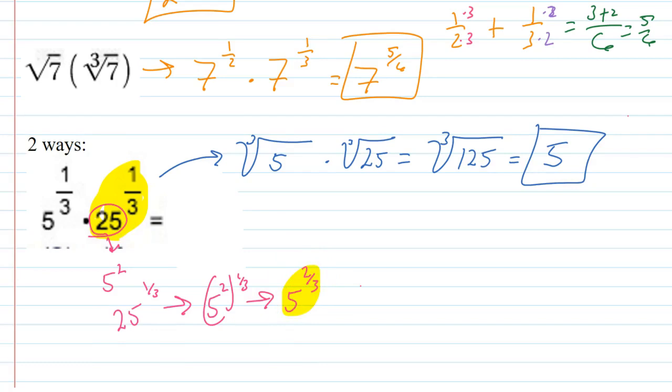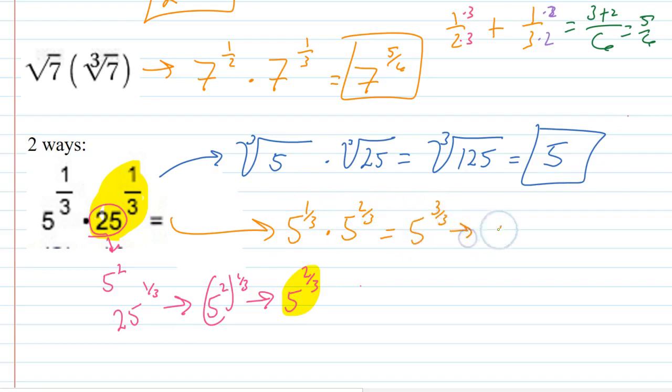So the other option for multiplying these out will be 5 to the power of 1/3 times 5 to the power of 2/3. When I add 1/3 and 2/3, I get 3/3, which reduces to 5 to the power of 1. You don't need to write an exponent of 1. If there's no exponent, we already know it's a 1.